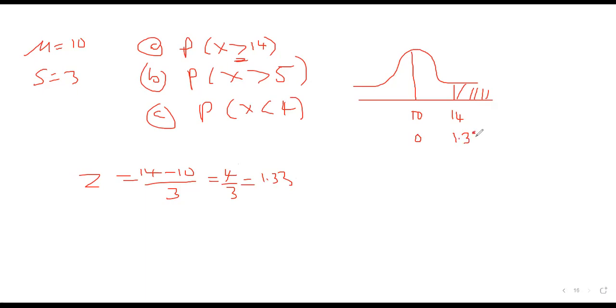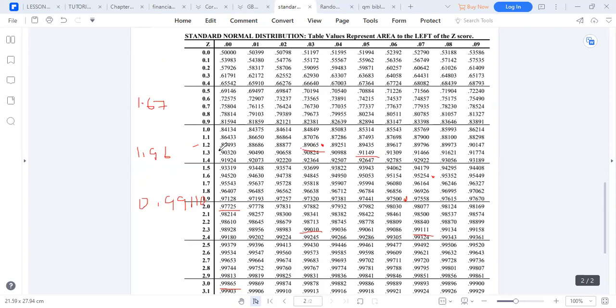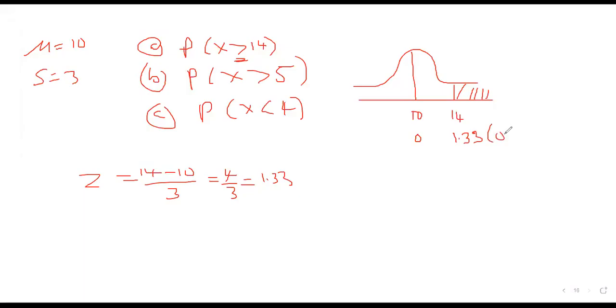Then we're going to find the value on the table. We go to the table and identify the value of 1.33. What is the value of 1.33? 0.90824. And then because the shading is the small part, we subtract from 1 to find the value for the other side.